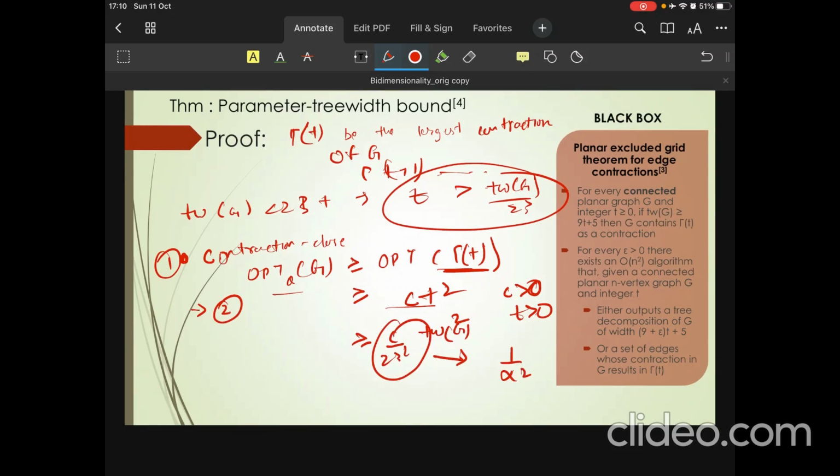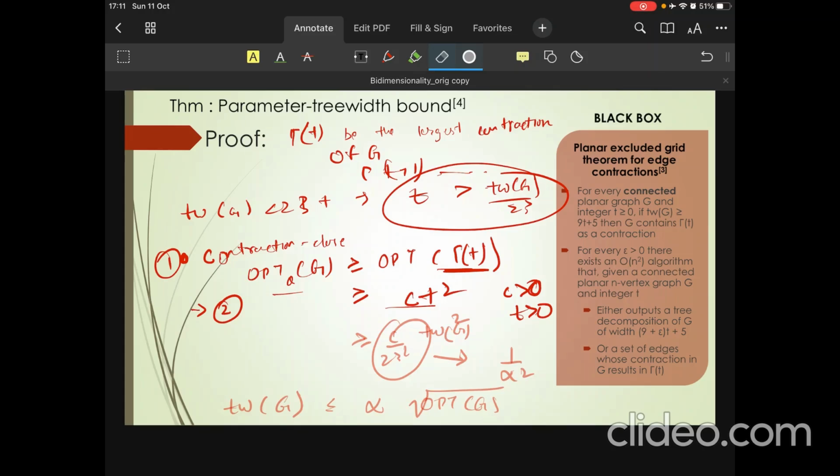And if you take alpha square to be c by 23 square, you will prove that tree width of G is less than or equal to some alpha times square root of optimal value of G. So this concludes our first part proof.